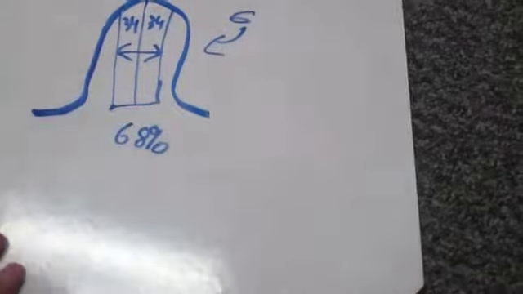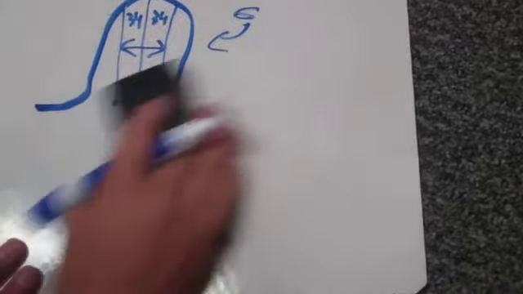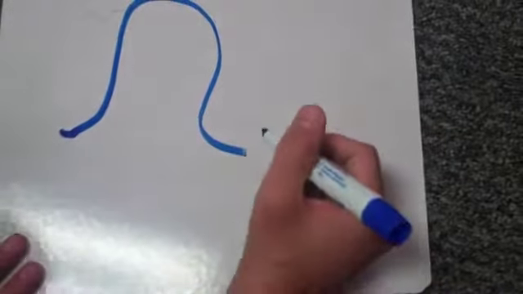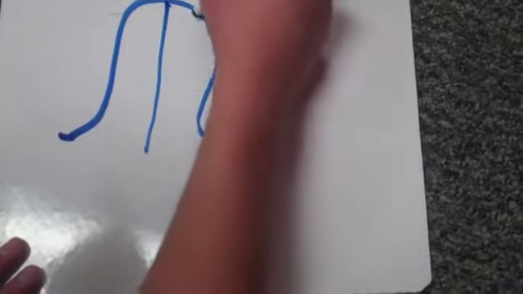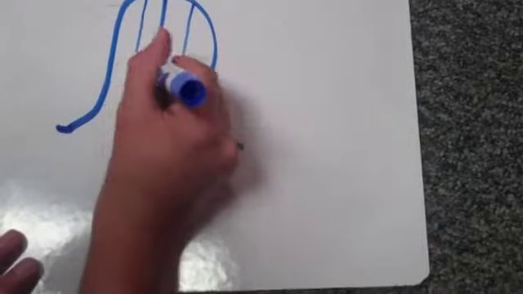Now, if you're going to go for 2 standard deviations, you're going to be in the 95%. So you have here your 34% or your 68%.